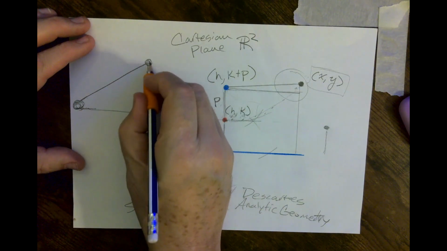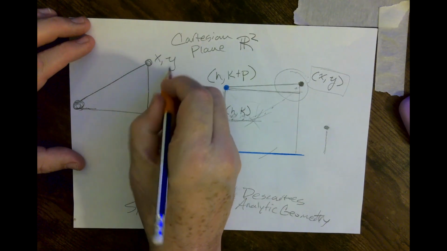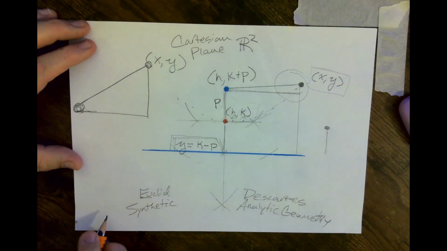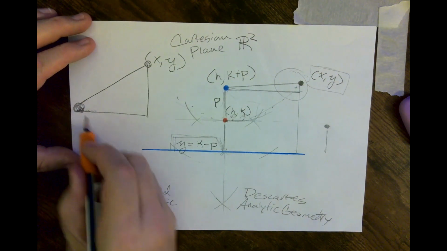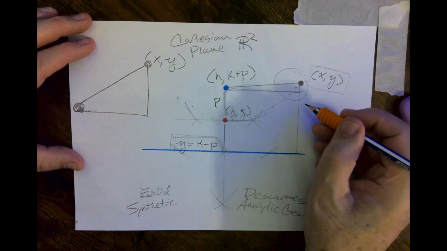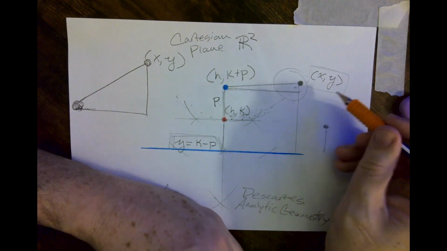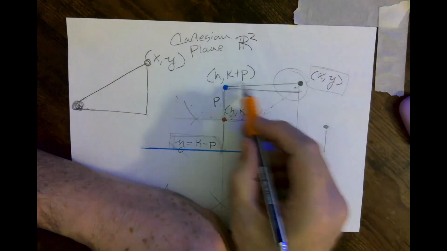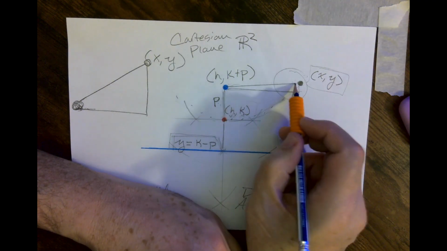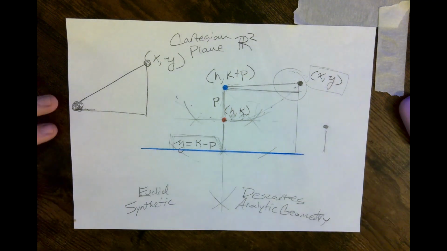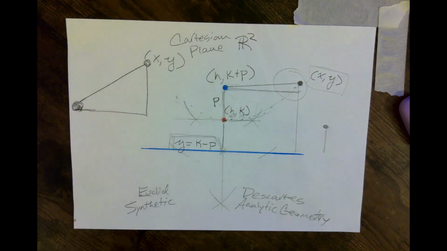So here's our XY, and our focus. Okay, we're looking for the distance, this distance here compared to this distance here. I'm going to use a separate sheet of paper.